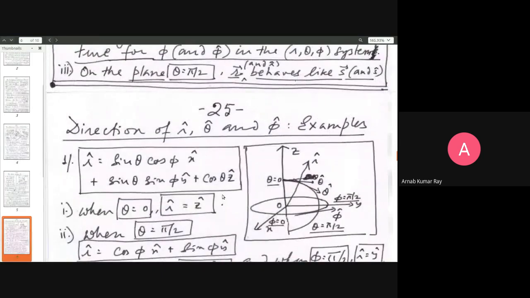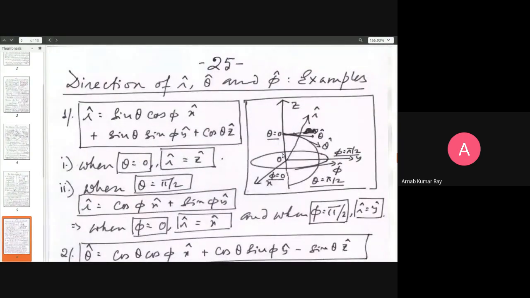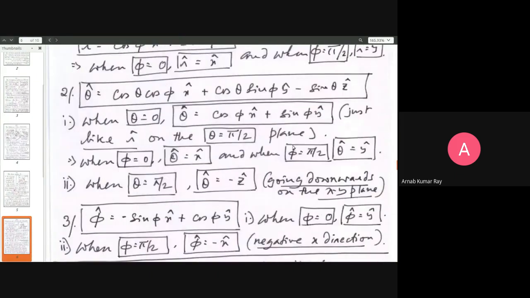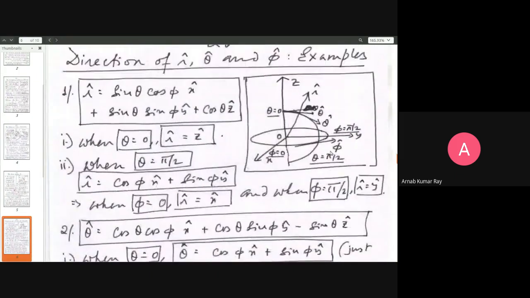Okay, now we shall look at a few extra details, the directions of r, theta and phi. R cap, theta cap, and phi cap. Here's a diagram that shows R cap going this way, theta cap going along a longitude, and phi cap going this way. Here's a very important point, so follow it extremely carefully.